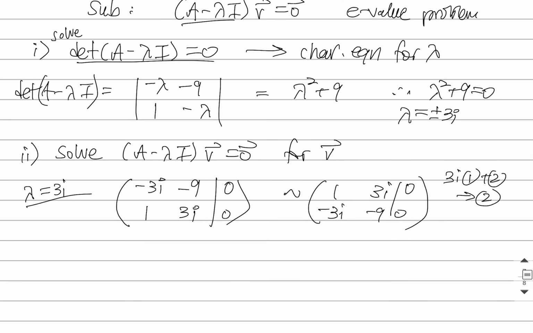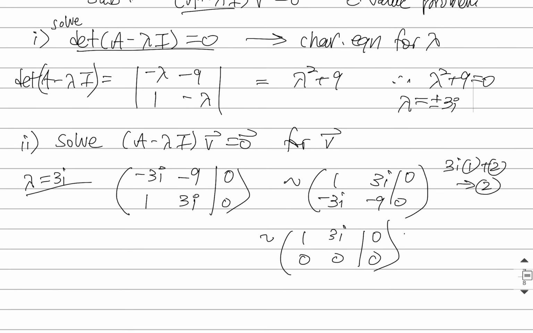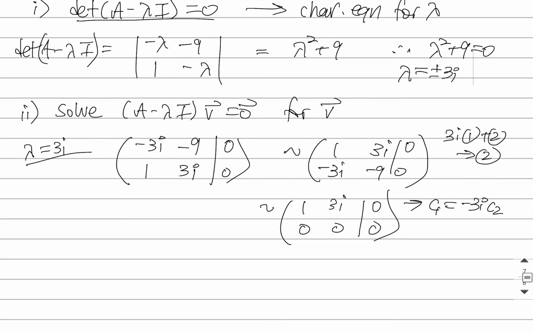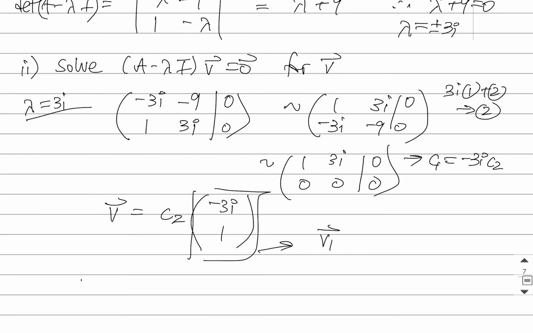If we really are going to have non-trivial solutions, we have to have a duplicate row. That's exactly what happens here. C1 will be -3i C2. And so the solution to this system is going to be C2 as a weight in the front, times [-3i, 1]. So we will take this to be our constant vector v1. So x1 will be e to the 3it times [-3i, 1].